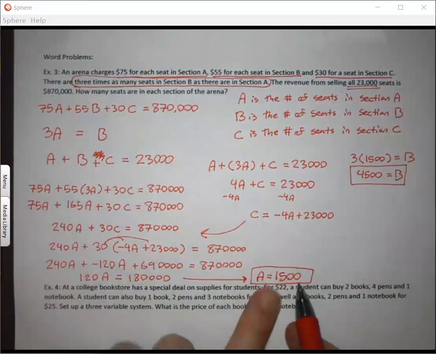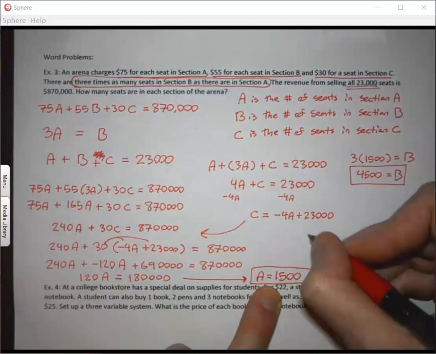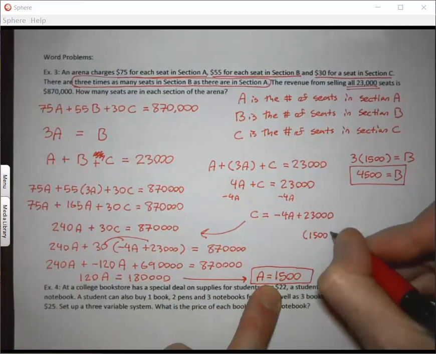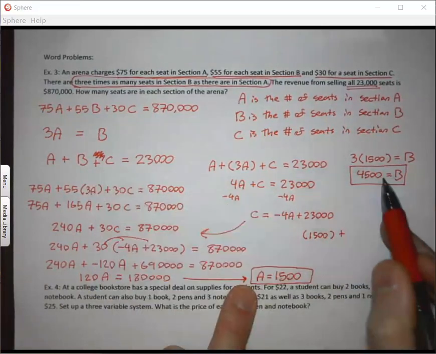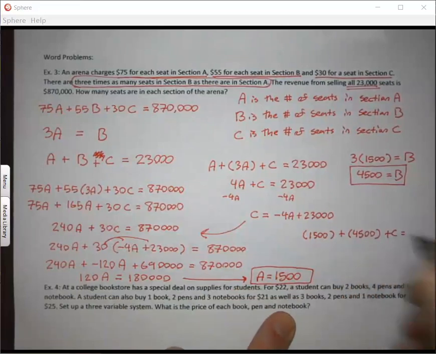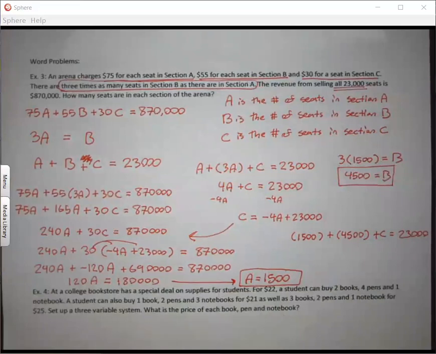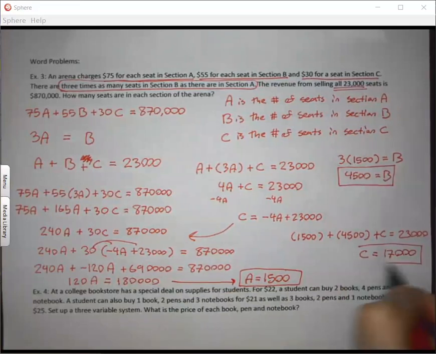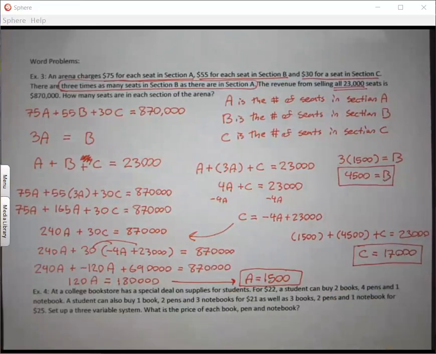So A, which is 1,500, plus B, plus C, combine, subtract from both sides. All right, let's take a look at our next example.